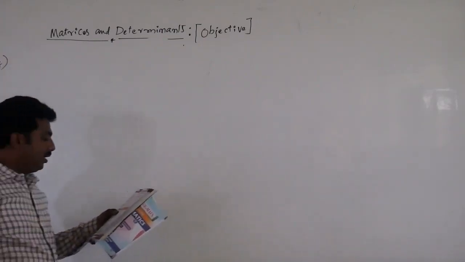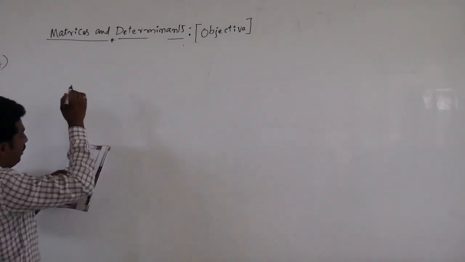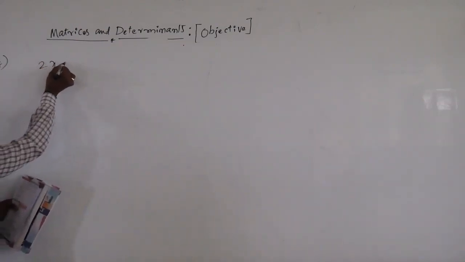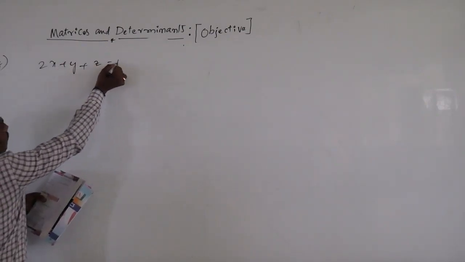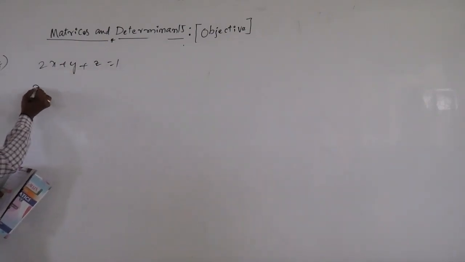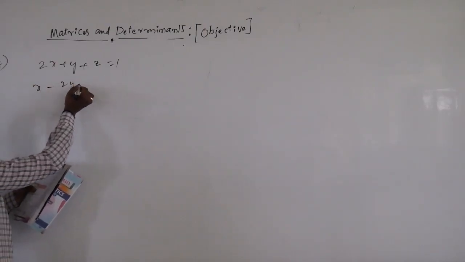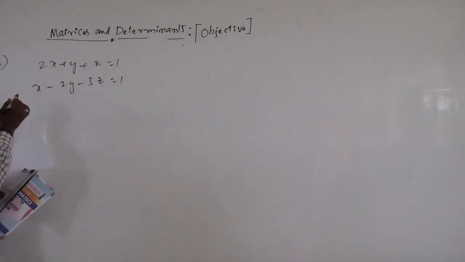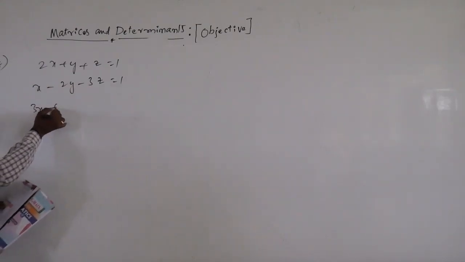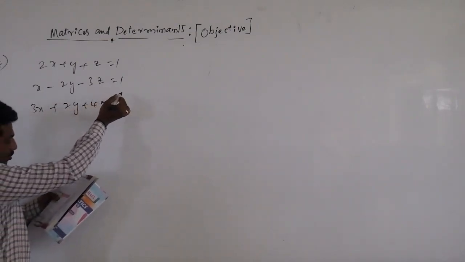The solution of three equations they gave: 2x plus y plus z equal to 1, x minus 2y minus 3z equal to 1, 3x plus 2y plus 4z equal to 5.